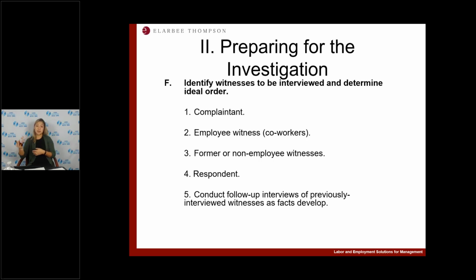Whereas with an employee witness or a former employee, you then can say, we have other people who say that you did this, and that helps flesh out the interview with the respondent.